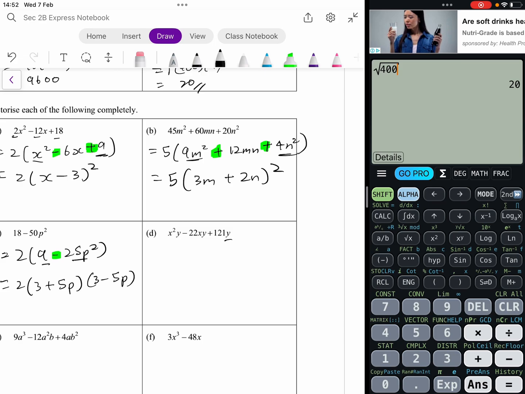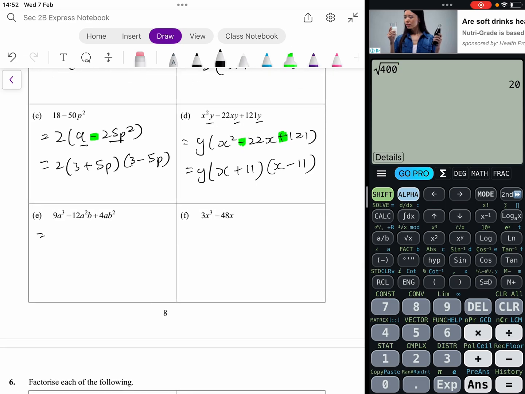Okay, this one, common factor y. x squared minus 22x plus 121. Again, plus, minus. Alright, perfect square. y times x plus 11, x minus 11.